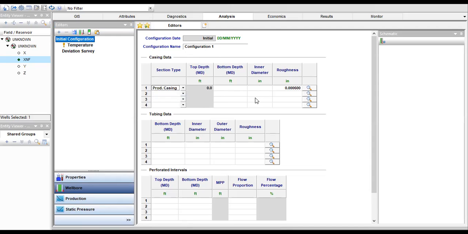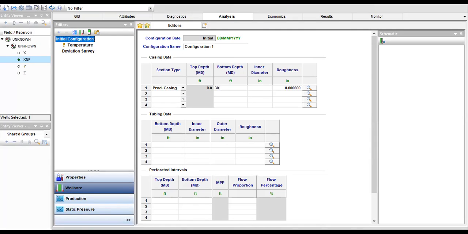Section type, production casing, starting from 0. Okay, starting from 0, and then we need to input the bottom depth. Let me check my data.